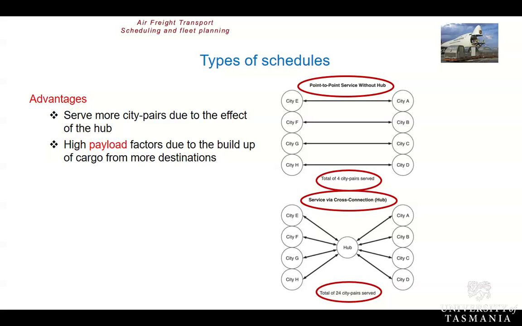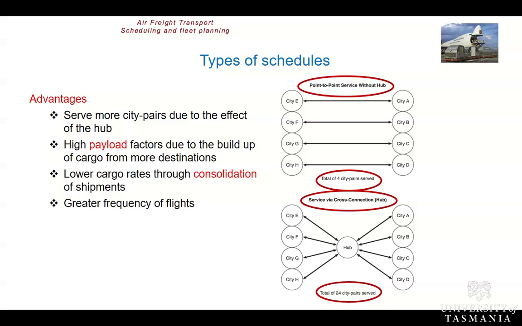You've got higher payload opportunities, so you've got an opportunity to increase the volume of cargo in the aircraft itself, so higher payload. And as a general rule, you're going to be consolidating a lot of these freight shipments or cargo shipments. And that consolidation to the shipper is going to reduce the cost.